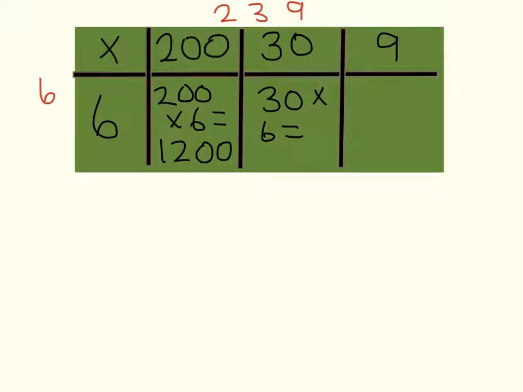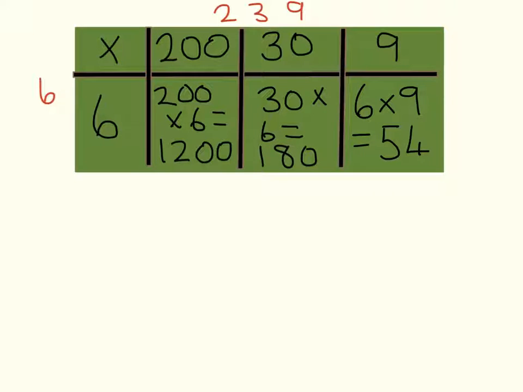If we know that 3 times 6 is 18, then we know that 30 times 6 is 180 because it's 10 times bigger. And the last box is 6 times 9. And 6 times 9 is 54. So we put that in the final box.